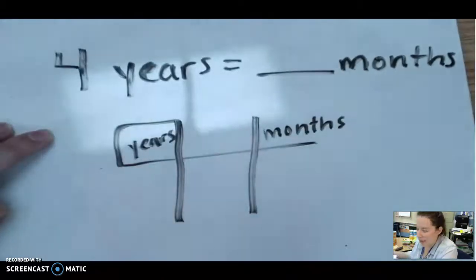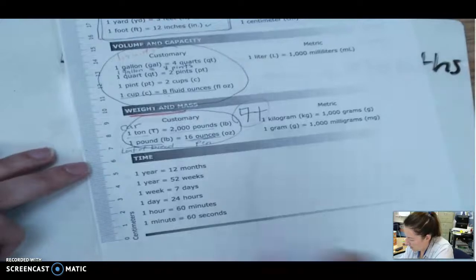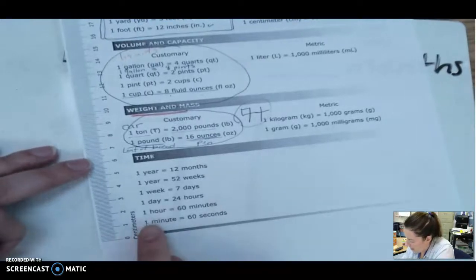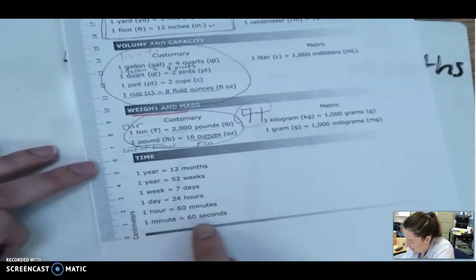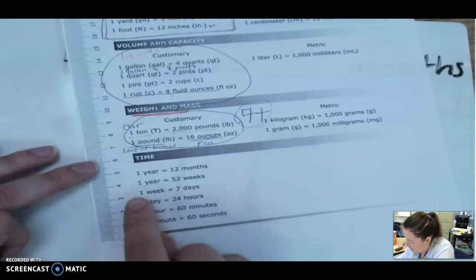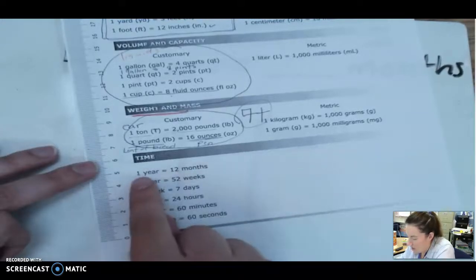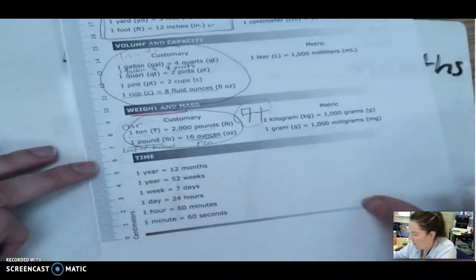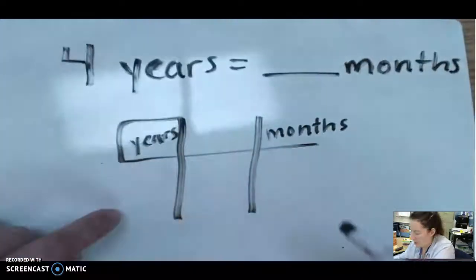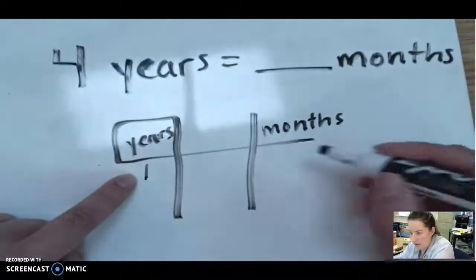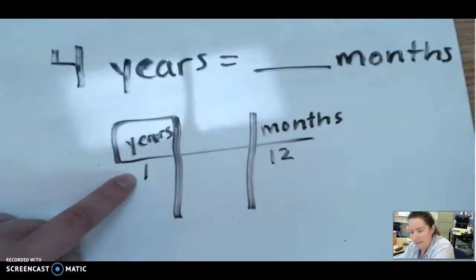Let's see, what do we know about years and months? Go to your chart. See, I need something that has years and months on the same line. Minutes, seconds, hour, minutes. Here's years and weeks. No, I need years and months right here at the top. 1 year is 12 months. So I'm going to write that here. 1 year is 12 months.